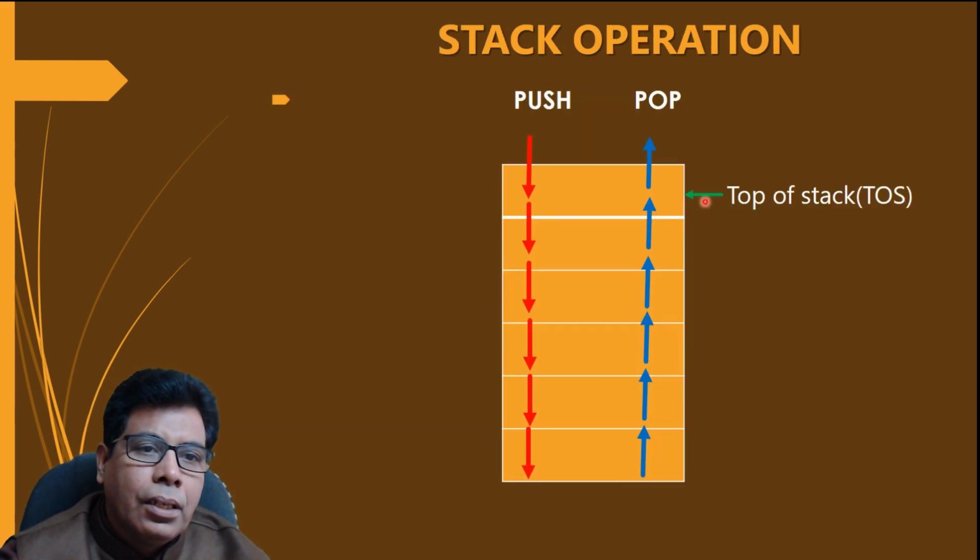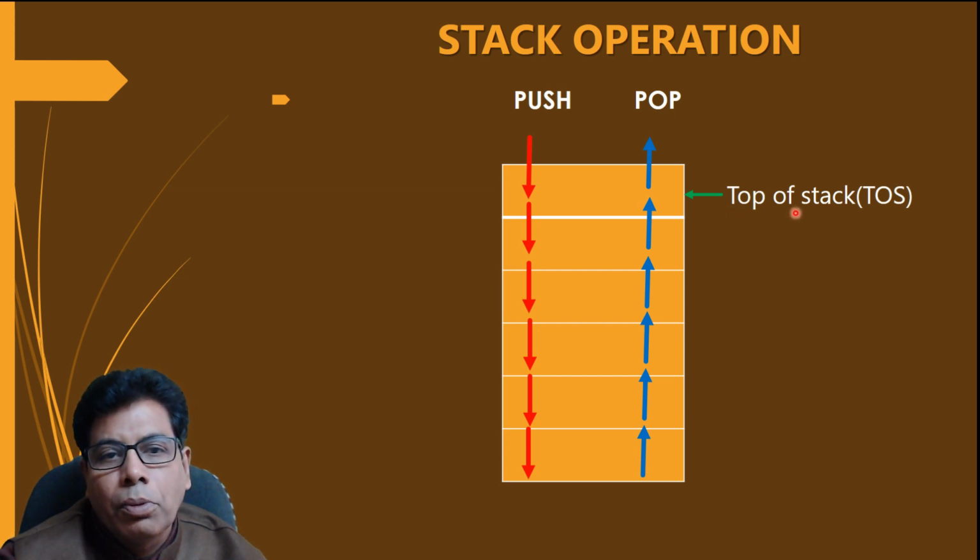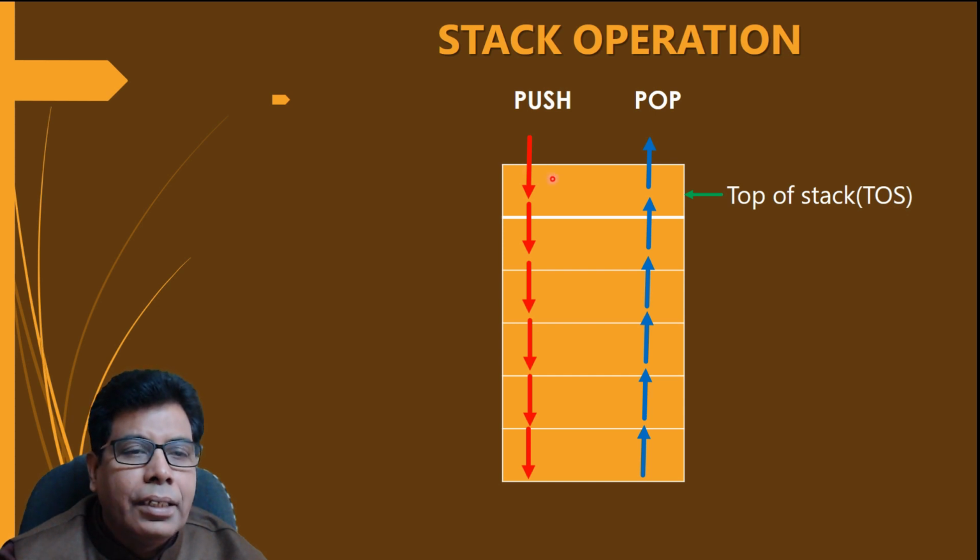Now here you can see this is the stack. It consists of a number of memory locations, and each of these memory locations acts as a register, and the only register which is accessible to the user is the top of the stack or TOS. So when we are writing to the stack, we'll have to write from this register only.